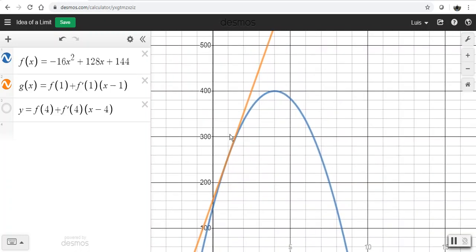The line right here represents what we call the tangent line, and we'll learn how to find this tangent line. Right at this point is exactly where we were looking at the average rate of change, and then we looked at the instantaneous velocity.